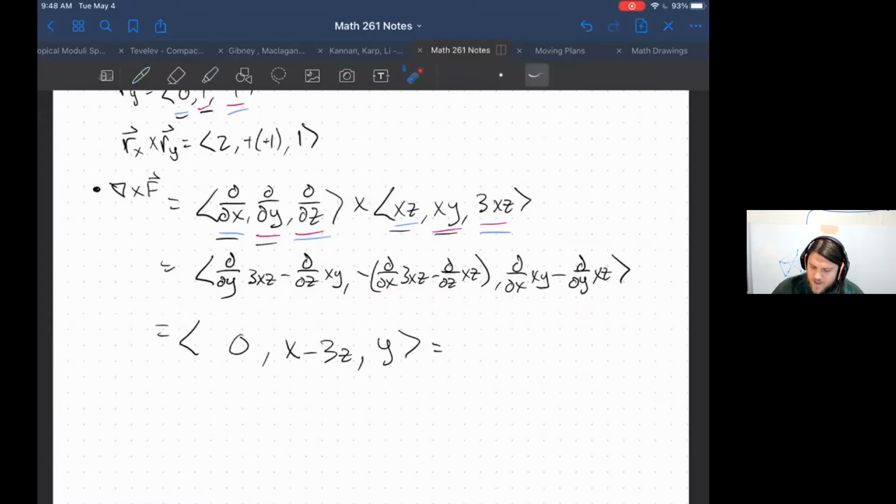And the last thing here is you want to double check that you don't have any terms that you haven't substituted in. Well, z we said was 2 minus 2x minus y.